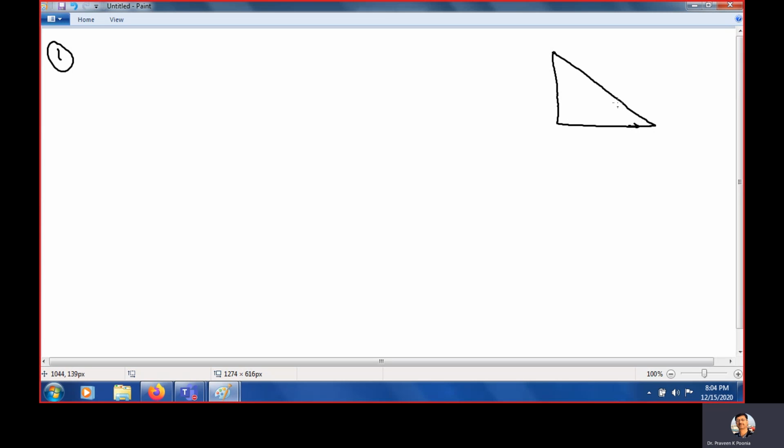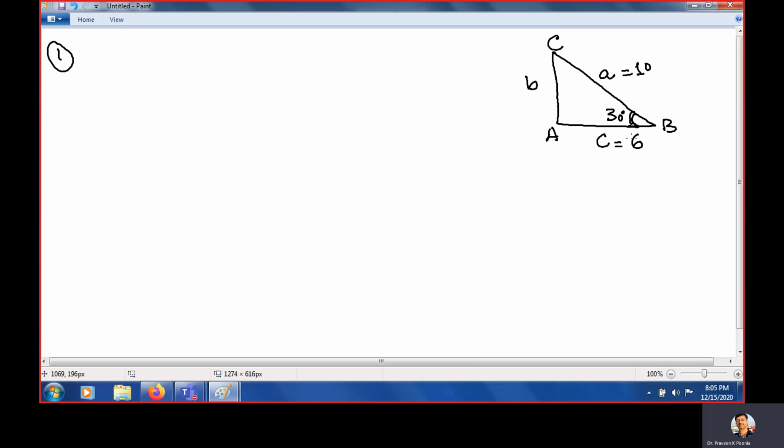This is angle A, this is angle B, this is angle C, and the opposite sides are A, B and C. This angle is given as 30 degrees, and this side is given as 6.